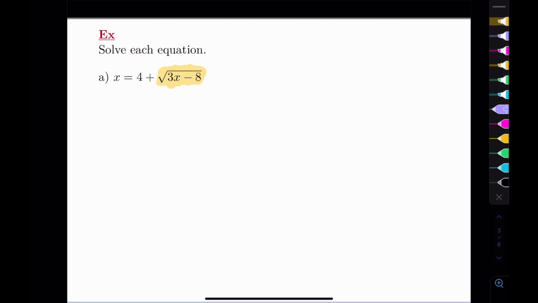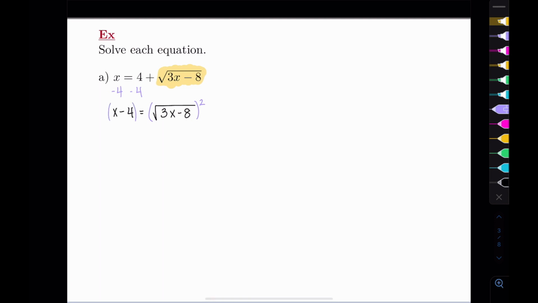Instead, what I want to do is get the radical on its own. So we're going to go ahead and subtract 4 from each side to give us x minus 4 equals the square root of 3x minus 8. Now that the radical is by itself, I can go ahead and square this to cancel it out.